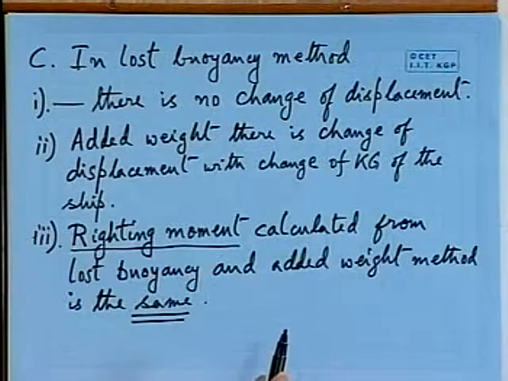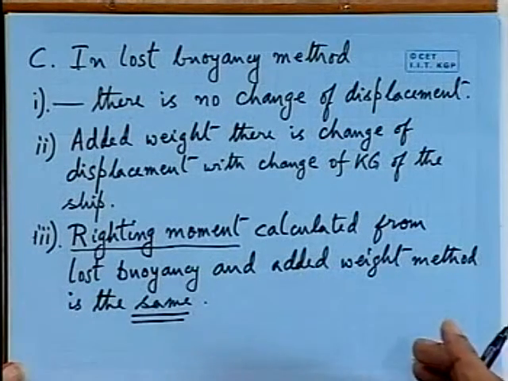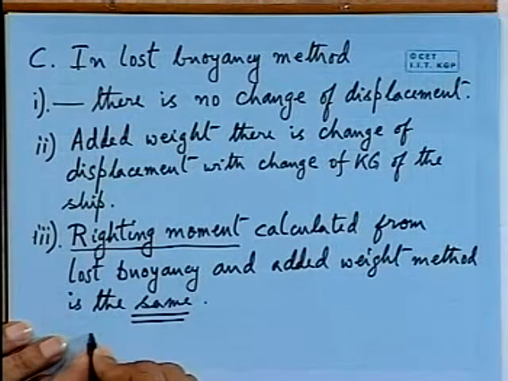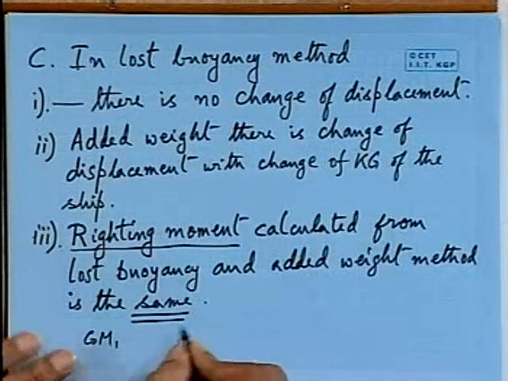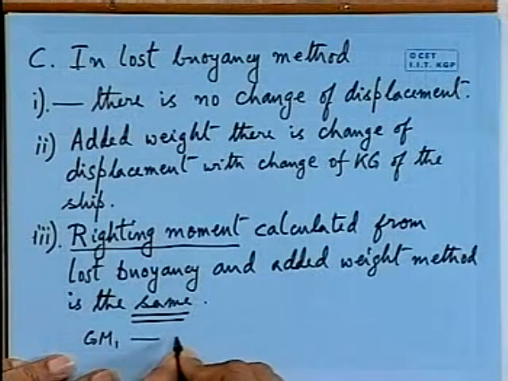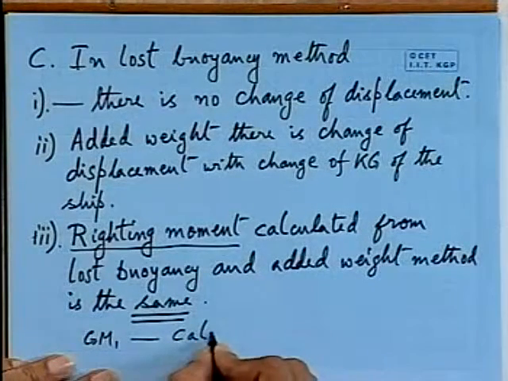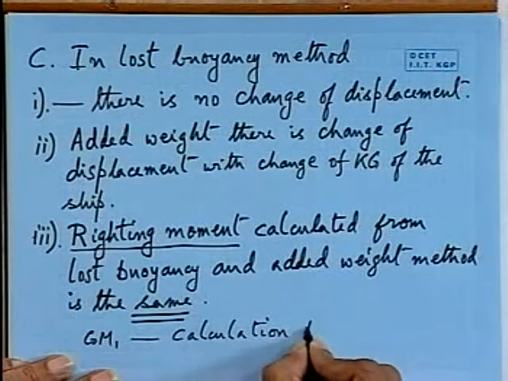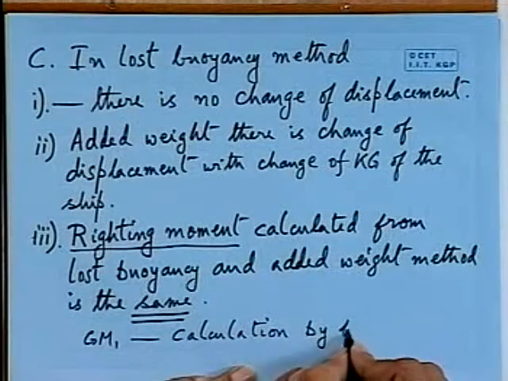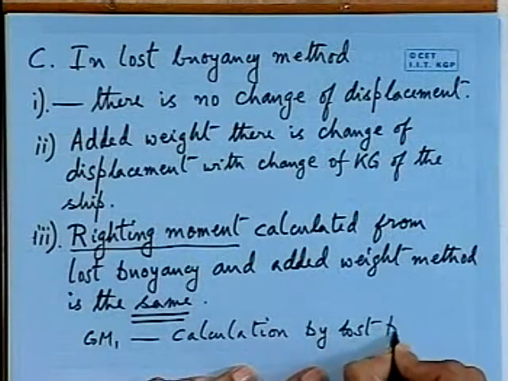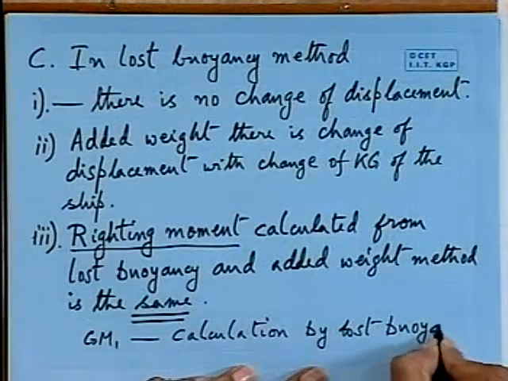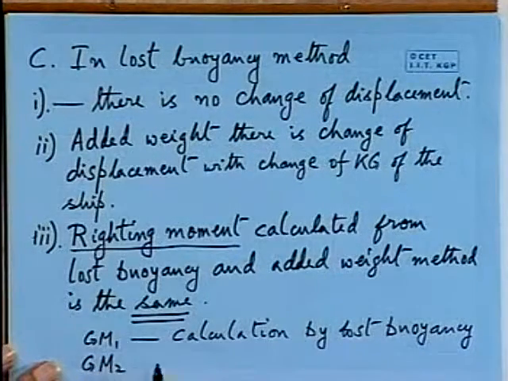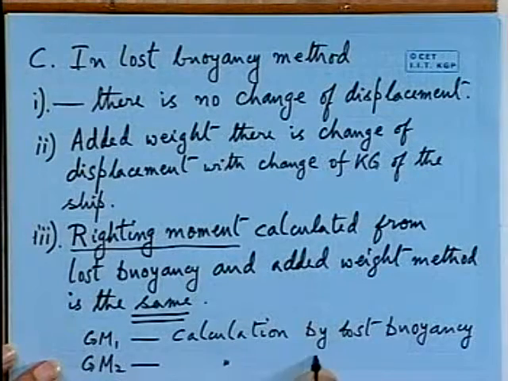So what happens, the GM you can calculate: say GM1 is the calculation by the lost buoyancy method, and GM2 is the GM obtained from the added weight method.